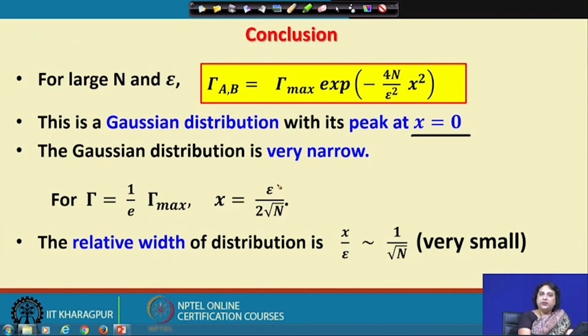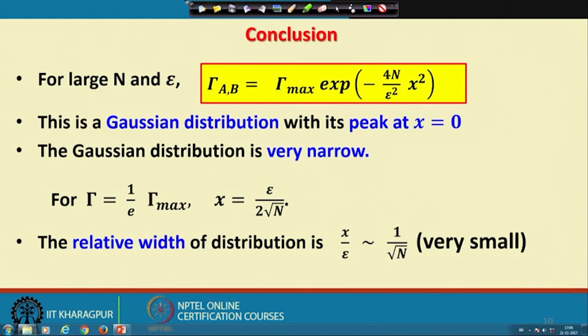So, the relative width of the distribution is proportional to 1 by root n, and for n very large, this must be a very small number. This is what we have been able to understand from these lectures.